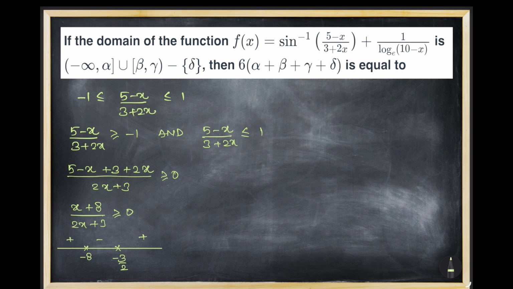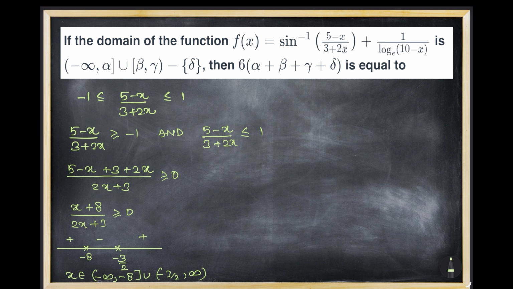We are interested in greater than 0, meaning positive regions. So x belongs to minus infinity to minus 8, and minus 8 is included because it is on the numerator, so you can afford to have 0. Union minus 3 by 2 to infinity; no, you cannot afford to have 0 on the denominator. So these are the values of x which satisfy the first part.